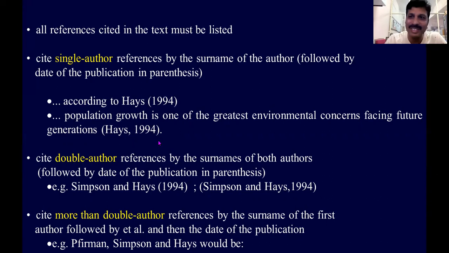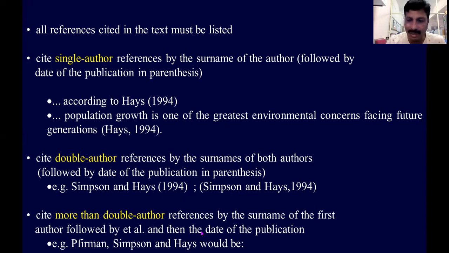We quote in this way. When there are two authors, like Simpson and ACE 1994, or Simpson and ACE, comma, 1994. When there are more than two authors, you usually put the first author and associates, et al. In this way, you need to write.